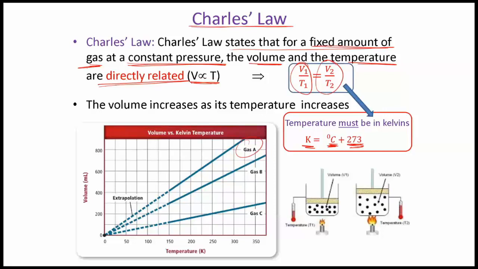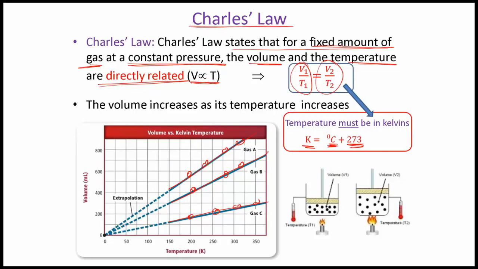So as you see here, for different gases, the lines are also different. So this constant also depends on what kind of gas. So it depends on the pressure and also on what kind of gas. So Charles did the experiments at different temperatures for different gases. He found something very, very strange.